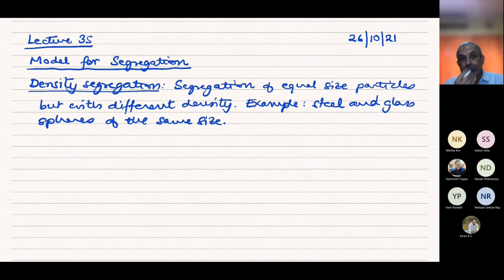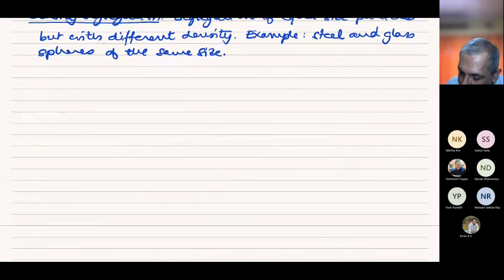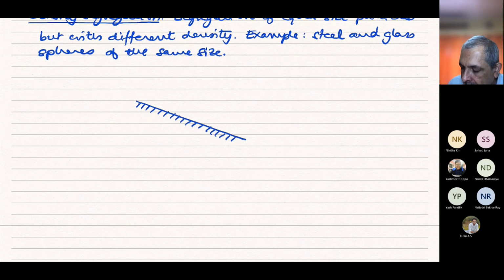Okay, so you can imagine this. Let's suppose that these particles are flowing down an inclined plane. To start with, I'll say that there are only glass beads that are flowing. Suppose this angle is theta.